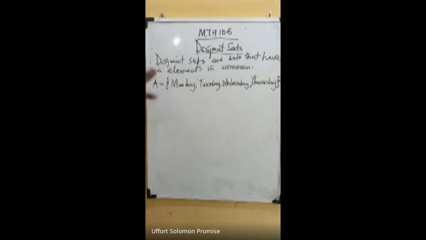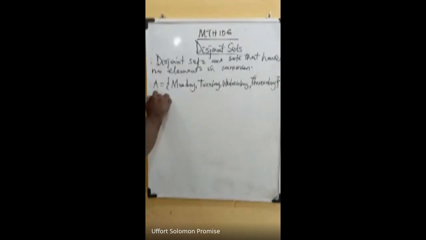So as I said, disjoint sets are sets that have no elements in common. This is the first set, set A. Set A has these elements, some days of the week: Monday, Tuesday, Wednesday. I didn't say all of the days of the week, I said some. Monday, Tuesday, Wednesday, Thursday.